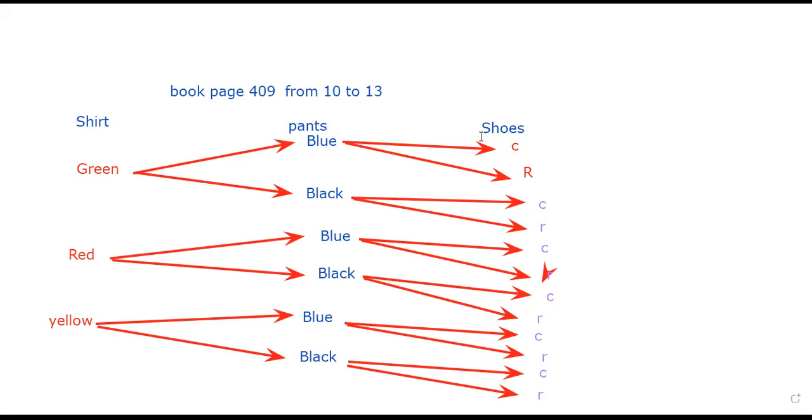How did you find it? We will count the red: 1, 2, 3, 4, 5, 6. Then she chose 6 out of 12, so the answer is 1 over 2. Yes.